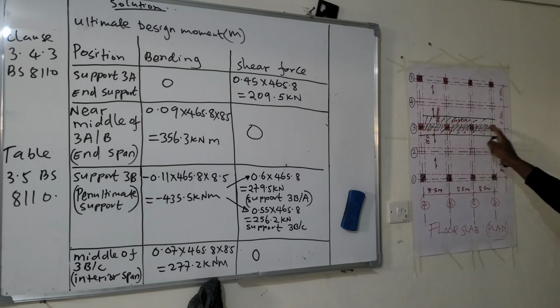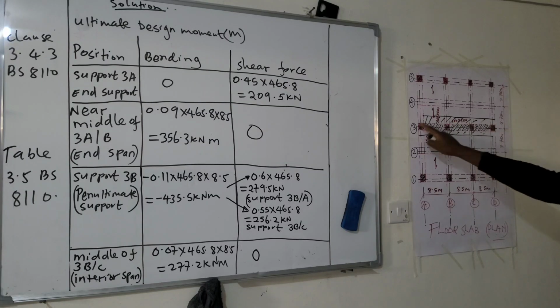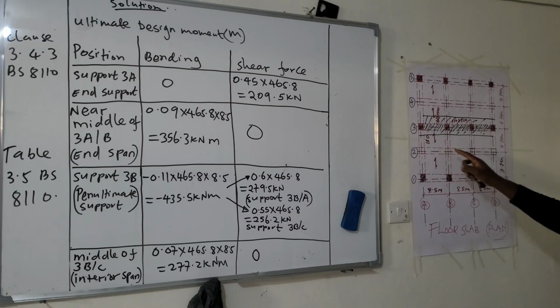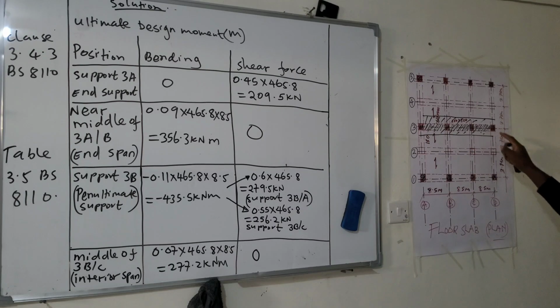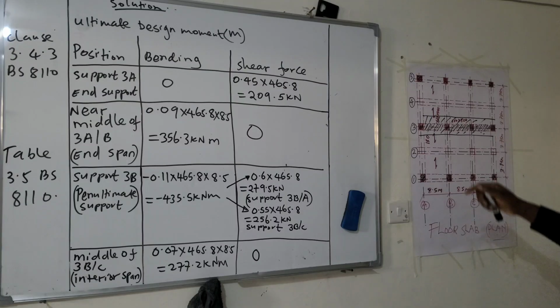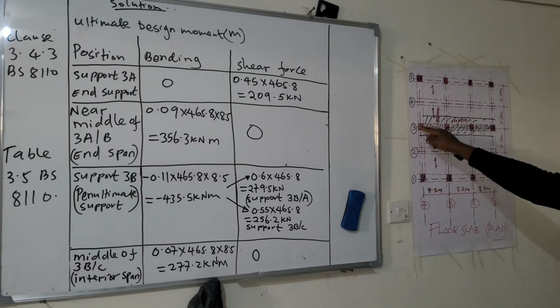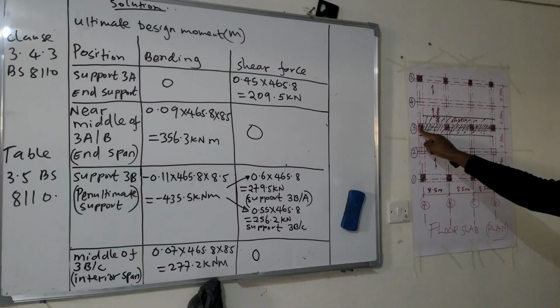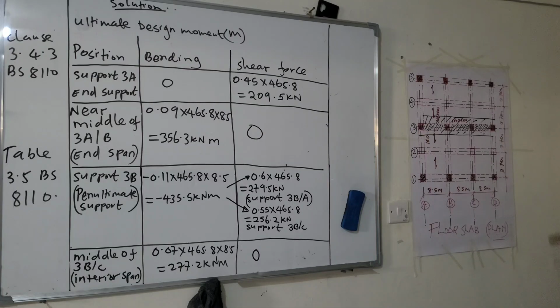So these two are the end supports, 3A and 3D. So the value that we will obtain for 3A will be the same value we will use for 3D.